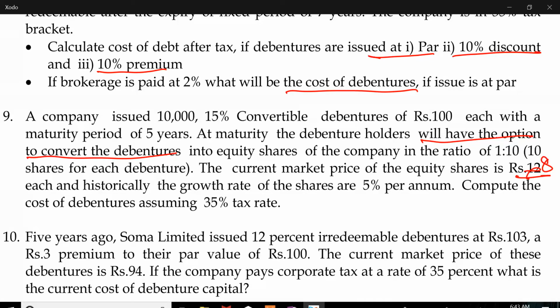Next, question number 6, 7, 8, 10, no special adjustment. Question number 9, this is a question on optionally convertible debt.